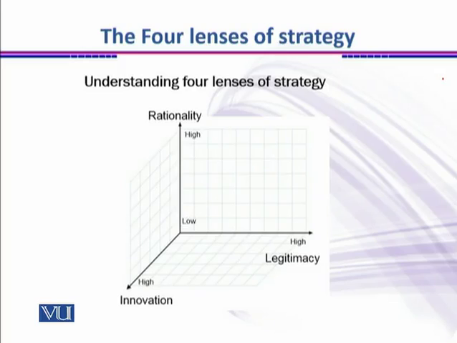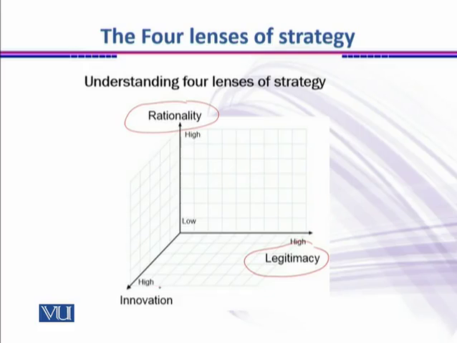In order to understand the four lenses of strategy, we will map all these four lenses on three axes. Number one will be rationality. Rationality will tell us how each lens of strategic management follows the logic behind it. The second will be legitimacy. Legitimacy will tell us how each lens follows the rules and procedures behind it.